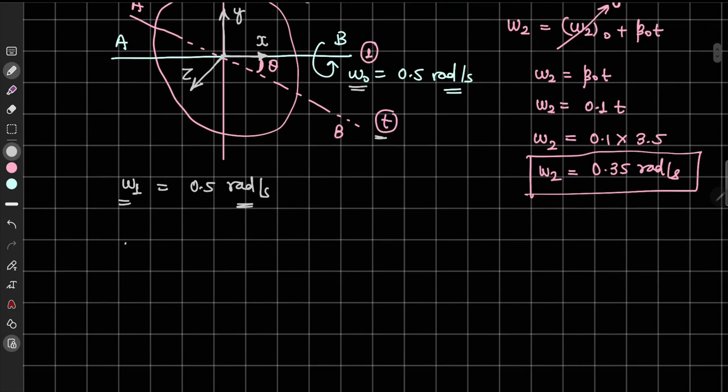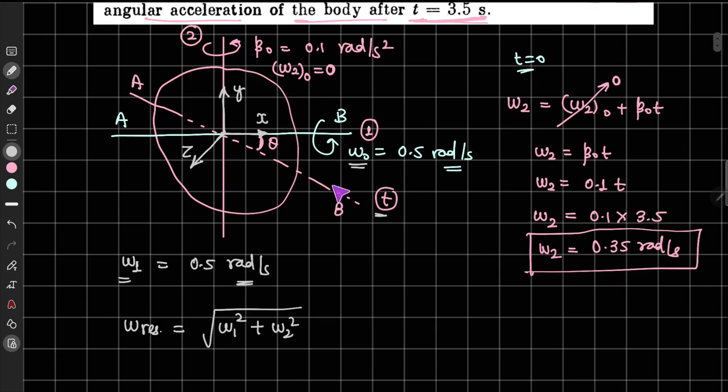So if we want to find the resultant velocity, that will be equal to the square root of omega 1 square plus omega 2 square, because these two axes are mutually perpendicular to each other.